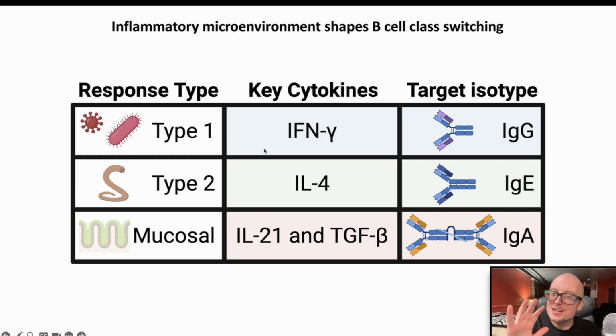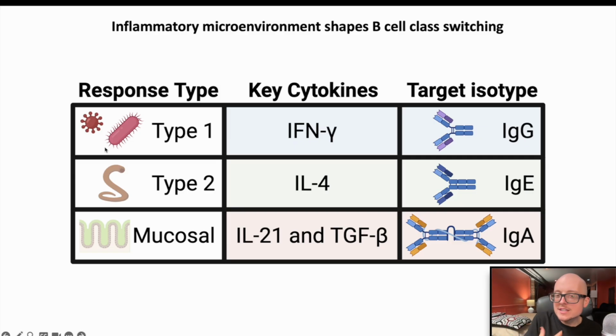And interferon gamma does many things as part of a type 1 immune response, but one of the key things that it does is it promotes class switching into IgG. And as we'll see, IgG has effector functions that IgM does not have, and those effector functions associated with IgG are especially good at promoting antiviral and antibacterial effector responses in other cells and in the tissue more broadly.